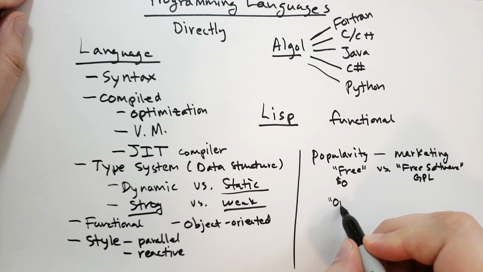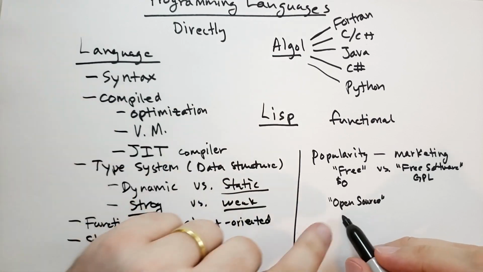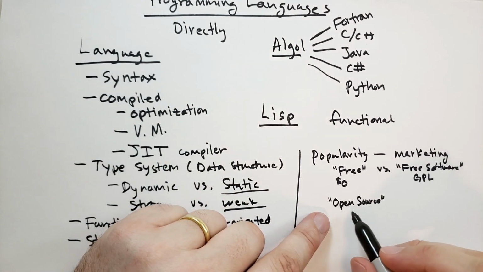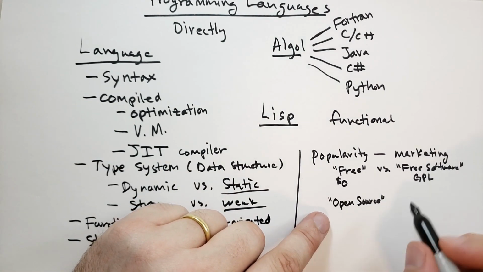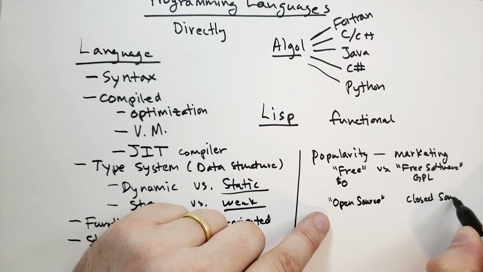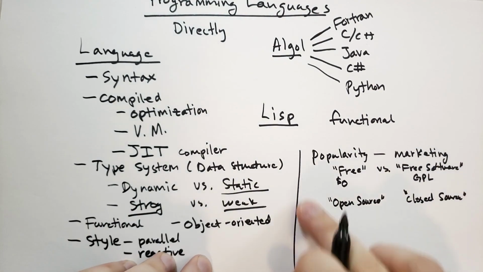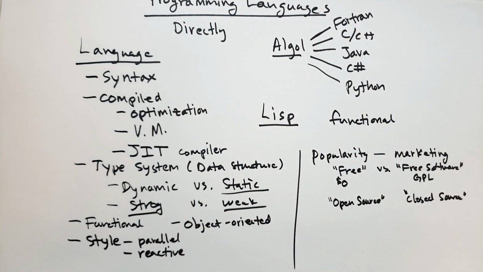There's also open source. Open source says that you can see the source, you may be able to modify it, maybe not, okay? And then we have closed source as well. Closed source is you're not allowed to look inside the box, okay? So there's a whole gamut in terms of licensing and how software gets distributed. I'll probably make a video about this, although there's been several videos made about that topic.